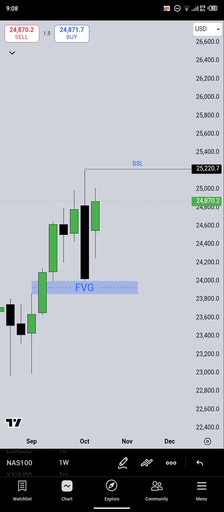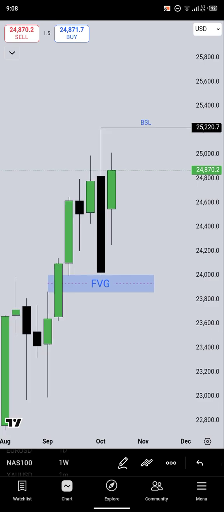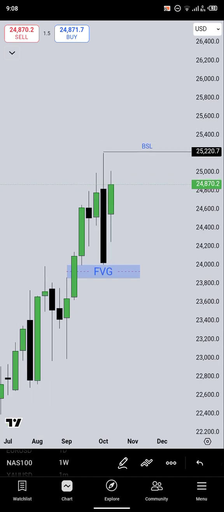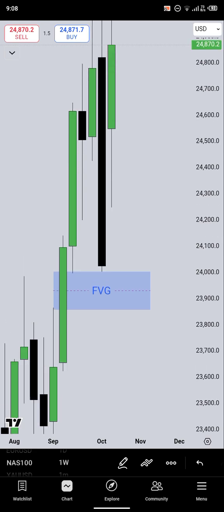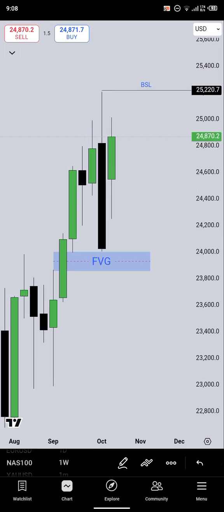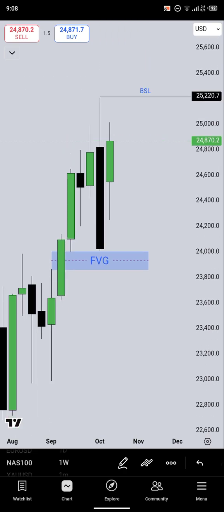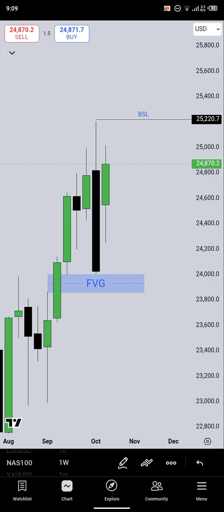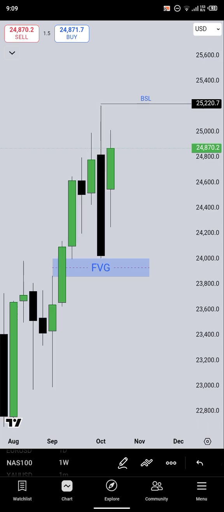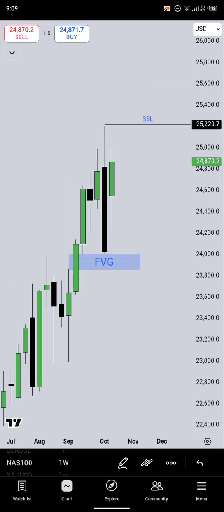And then we also have buy side liquidity. So we are looking towards price coming down to dip into this fair value gap, the fair value gap acting as a draw on liquidity, or price could just decide to go and take out BSL before going. So yes, that's what we're going to be looking at.